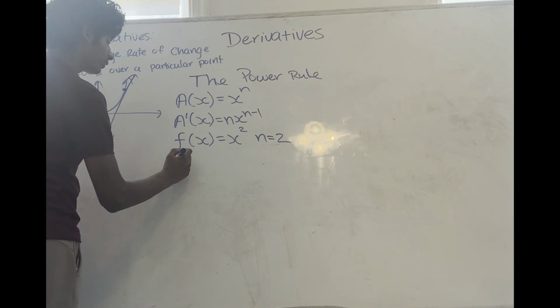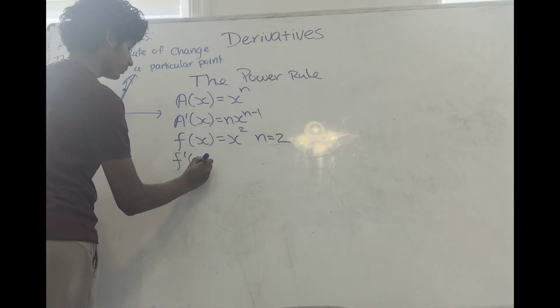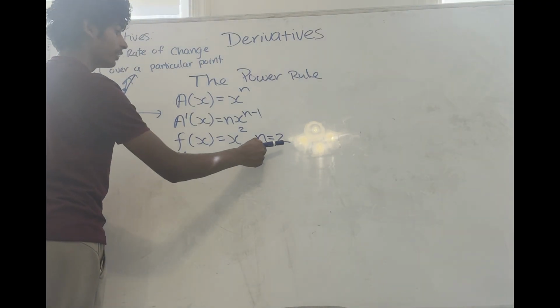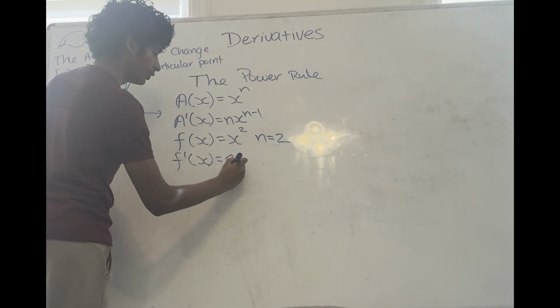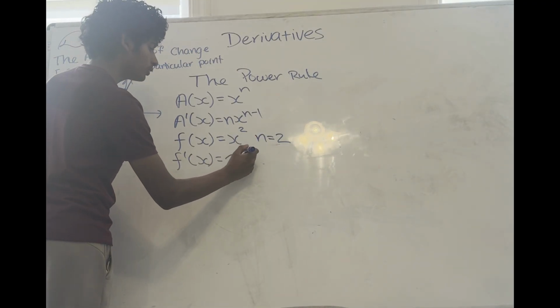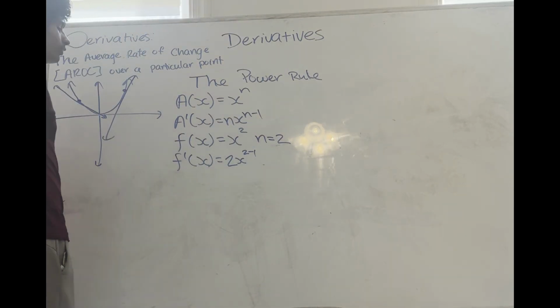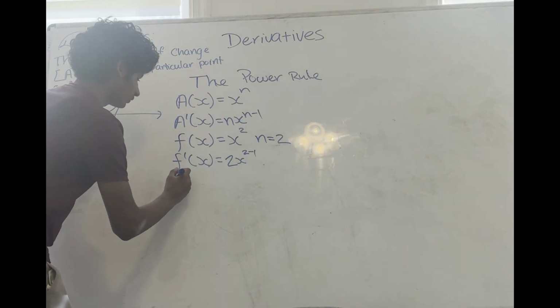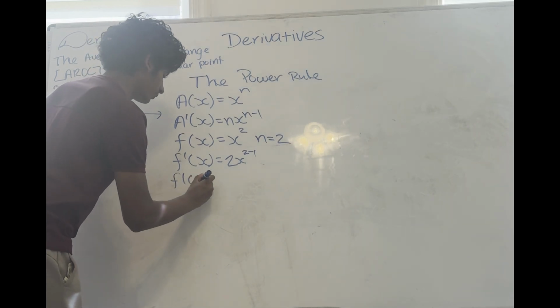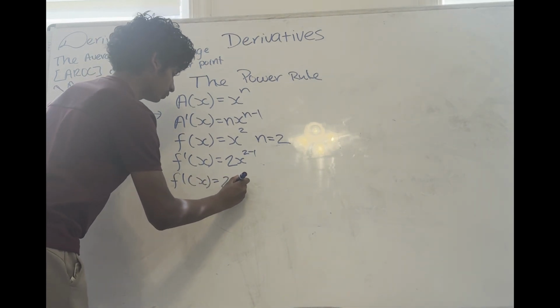Now if we want to take the derivative of this, so f prime of x is equal to, this n becomes our coefficient, so 2x to the power of 2 minus 1, because we subtract our exponent by 1 to find the derivative. Now this all simplifies to f prime of x is equal to 2x.